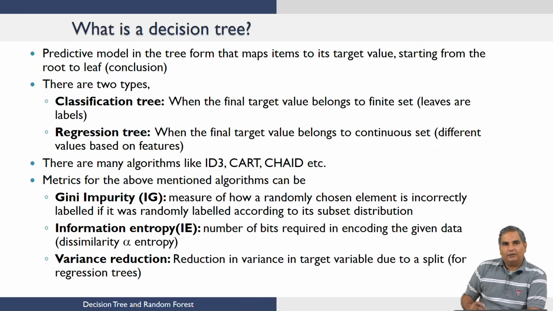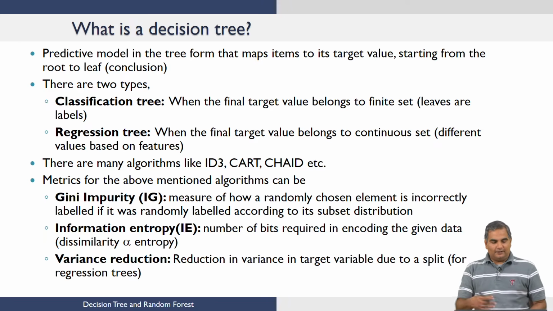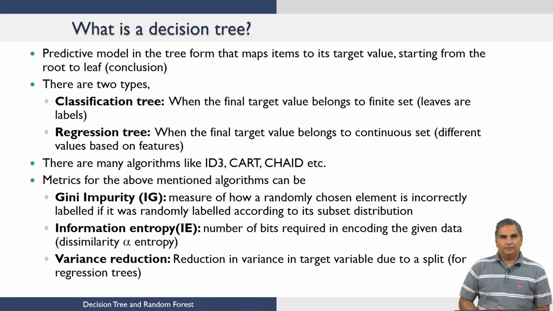But what I would like to mention is that at the end of it, what you are going to get is a tree structure, which is going to let you either predict a value for a target or provide a classification. The reason why I mentioned many algorithms is that when you use a particular software or a package, these would become options that you can choose.